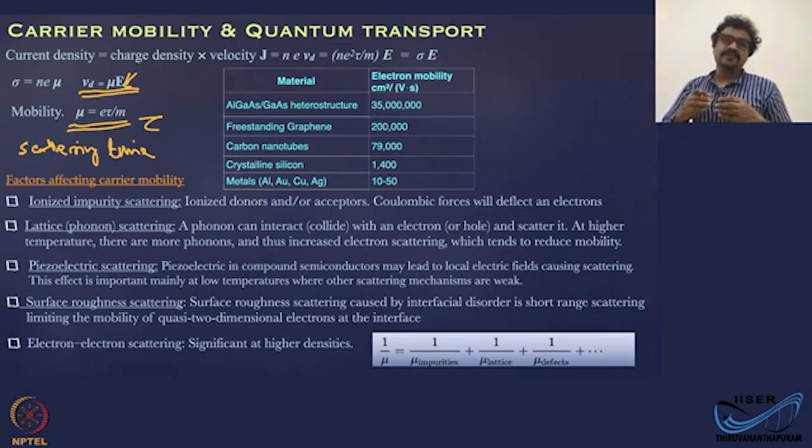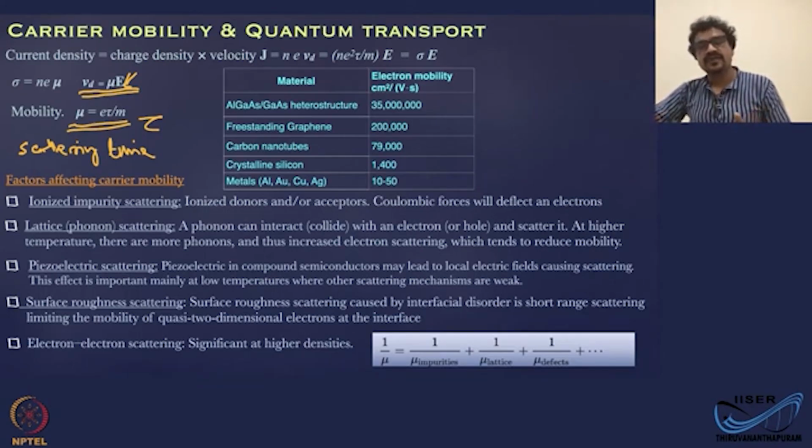So the scattering mechanisms are very, very important. Reducing the scattering centers is crucial for the observation of various interesting properties.